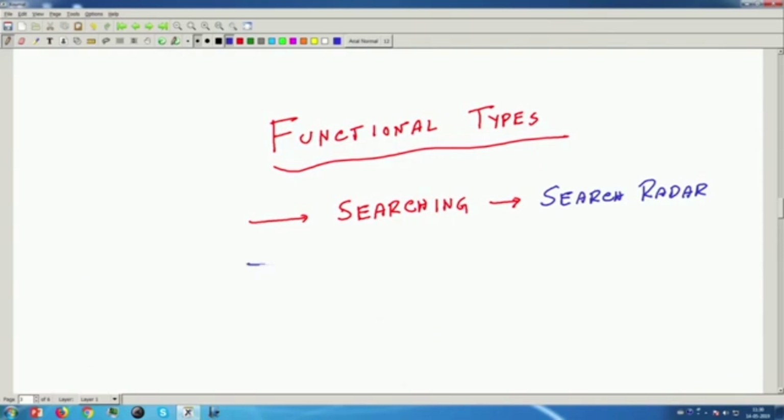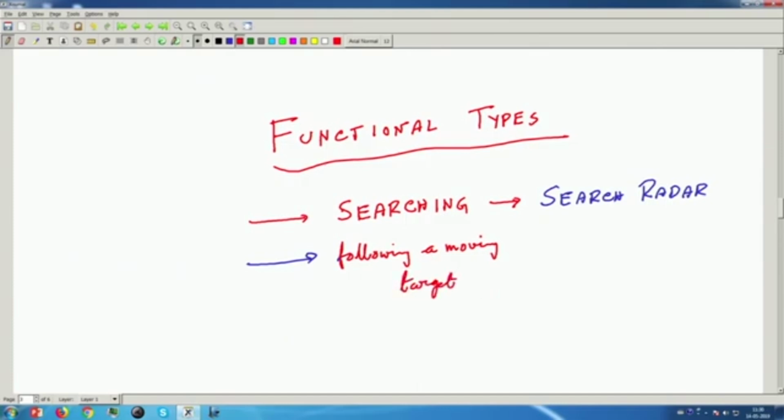So, the next part is following. Searching is one thing, searching for a target. Another job is following. Once the search radar gives that information, you follow a moving target.